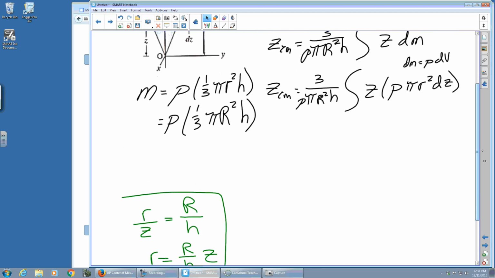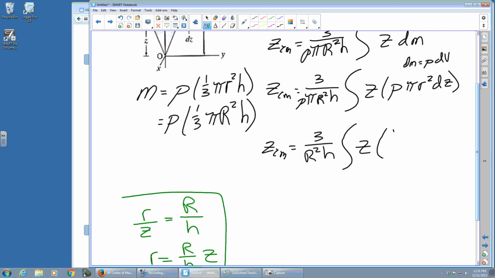So that's going to change this. Remember, we're going to cancel out our rho and our pi, right? So we have 3 big R squared H, the integral of z times big R over H z, that quantity squared, dz.